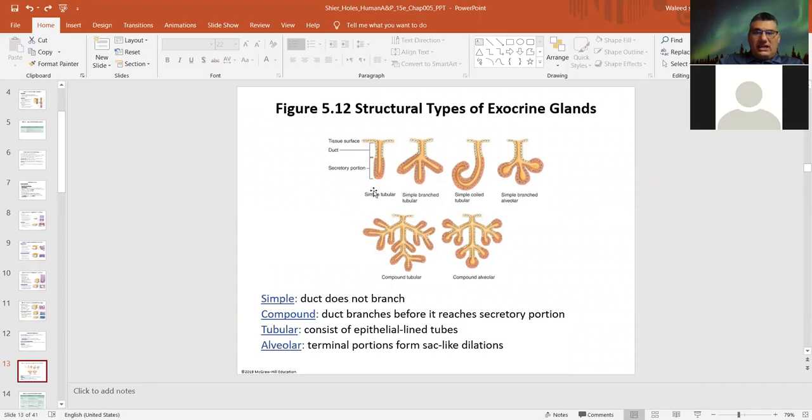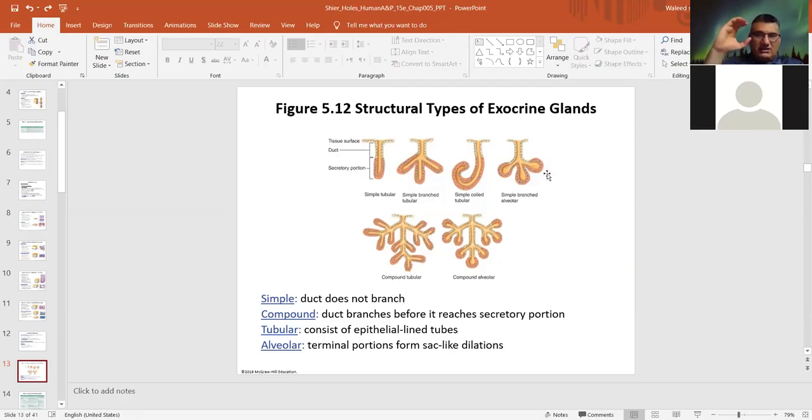And depending on the shape, it can be simple or it can be compound. Simple, just something simple like this. Compound means it looks more like branching like this. And it can be tubular or alveolar. This looks like a tube, and this looks like an alveolar shape.